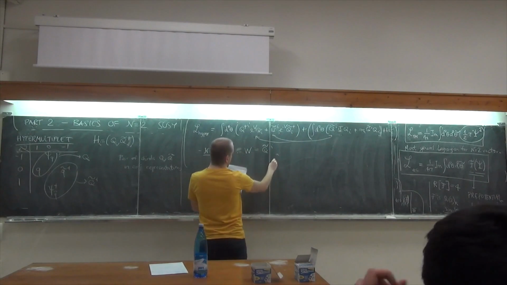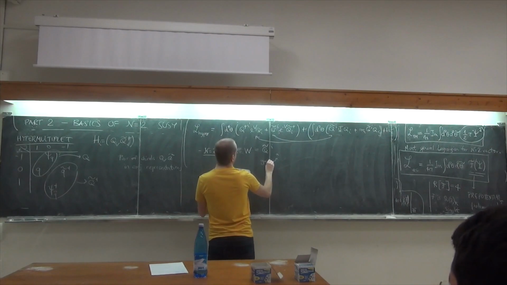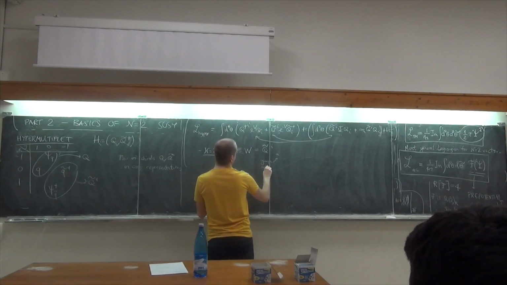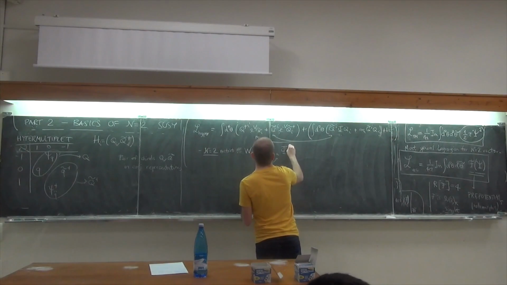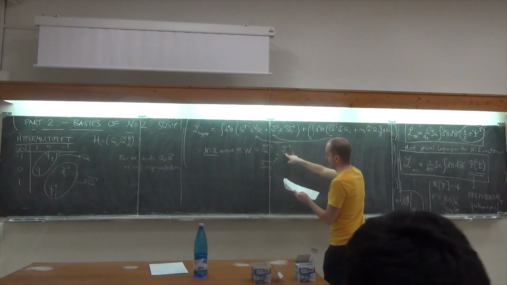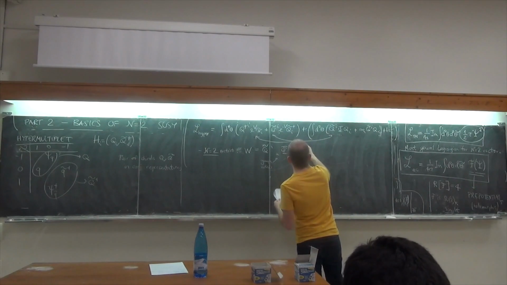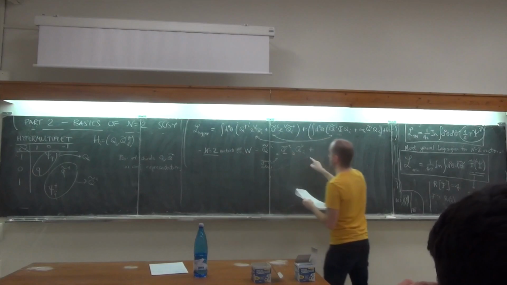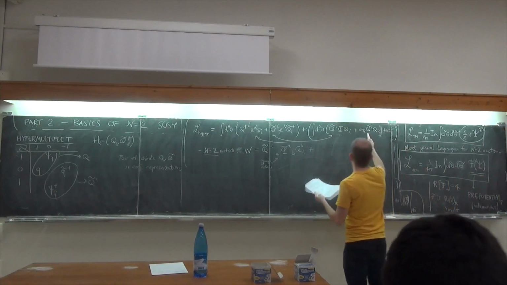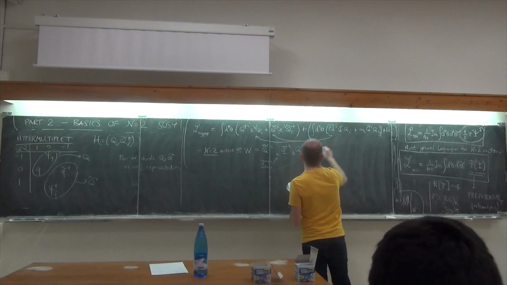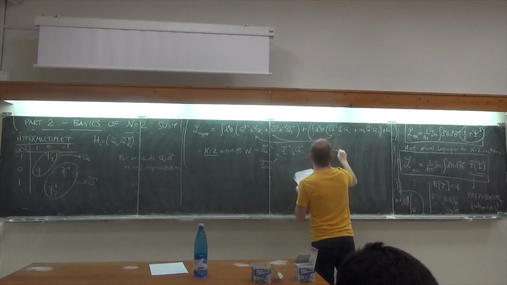So if A and B are gauge indices now, let me be explicit about contractions. We would have Q tilde I A, phi A B, where phi is in the adjoint representation, Q B I. And similarly, you can have the mass matrix, which in principle you might have of this form.